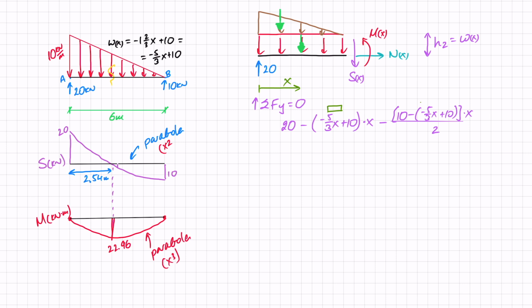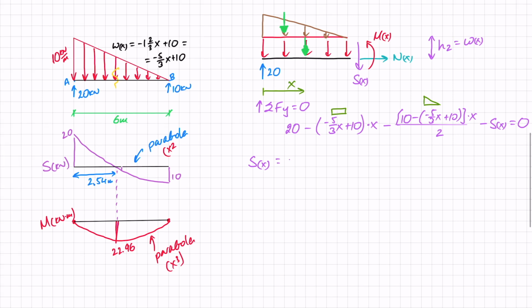And that gives me the area of the triangle. And then obviously I've also got my minus s of x. And all that sums up to 0. So the shear force equals 20 minus this thing, which I can just write out as plus 5 over 3x minus 10.